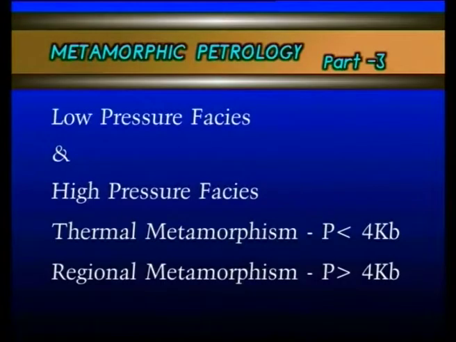The classification given by Fyfe, Turner and Verhoogen 1958 divided the facies into two types, mainly the low pressure facies and high pressure facies, based on the mineral assemblages as well as pressure: the thermal metamorphism, where pressure is normally less than 4 kilobar, and regional metamorphism, where pressure is normally above 4 kilobar.